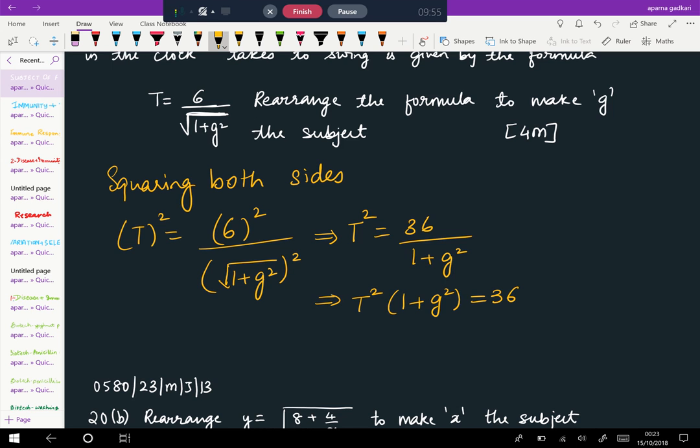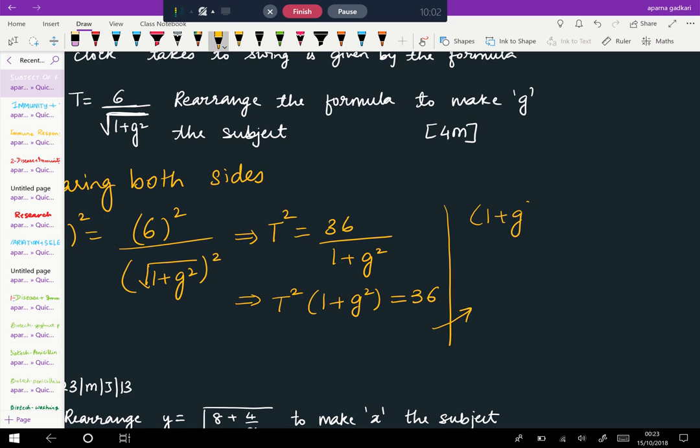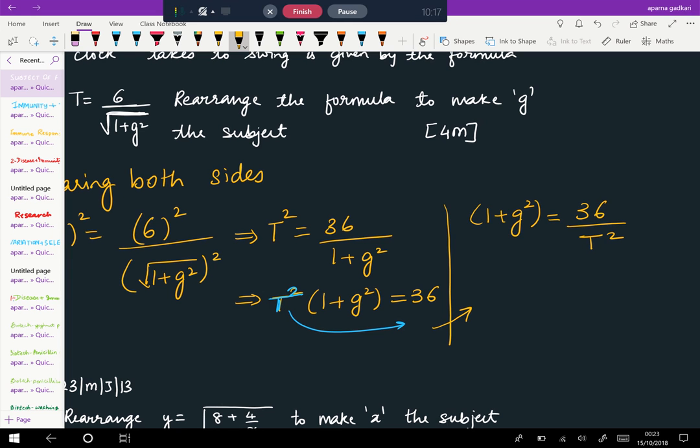So what do we get next? We get 1 plus g square. Now what are we going to do with this t square? We are going to take it from the numerator and push it on the other side in the denominator. So that is going to leave us with 36 divided by t square. Again, we can rewrite this as 1 plus g square. What I've done is I've simply removed the bracket and I get 36 divided by t square.